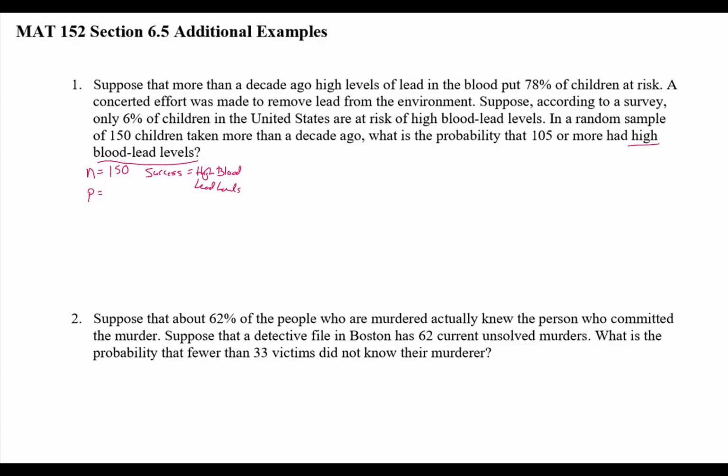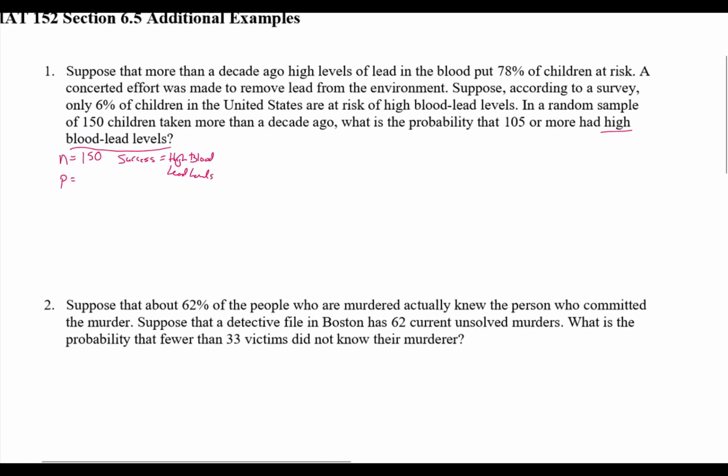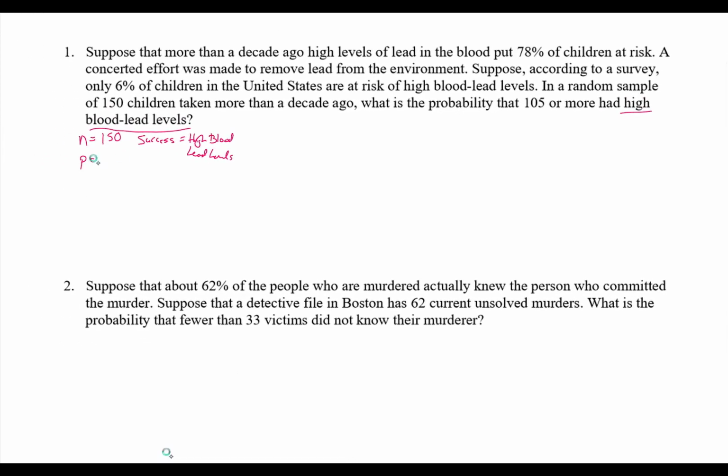P is the likelihood that you had high levels of lead in the blood, which is 78%, or 0.78. And Q is always 1 minus P, so here that's 1 minus 0.78, which is 0.22.